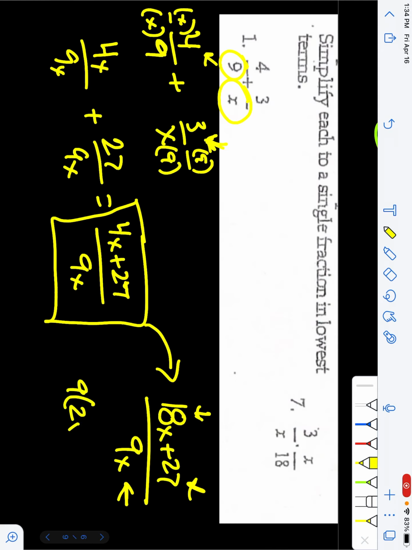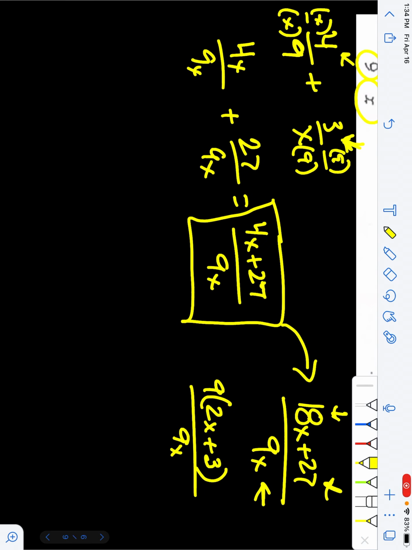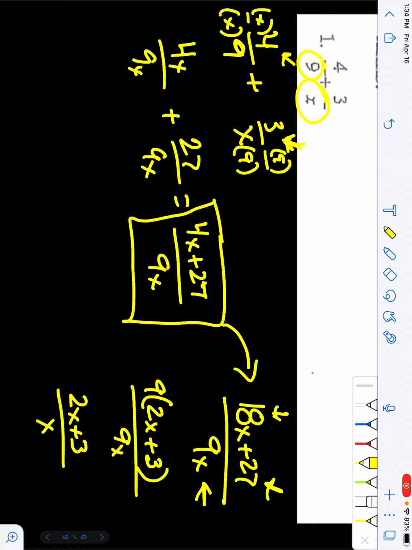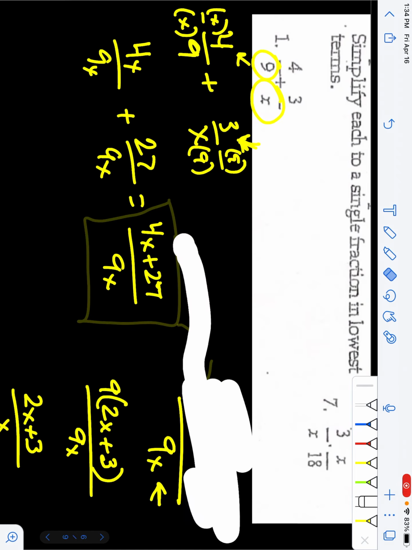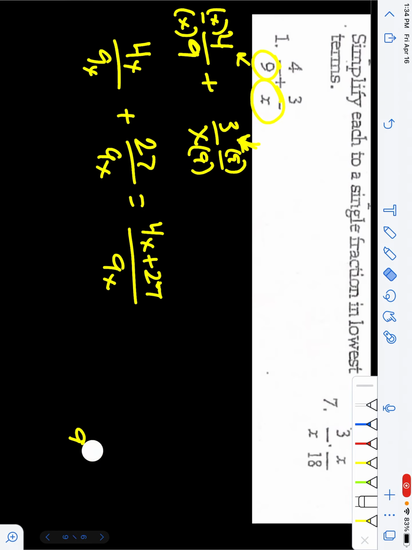So we could rewrite it like this. And then I would expect you to simplify it to this. So just make sure, double check that these fractions are in simplest form. But that one we are all set.